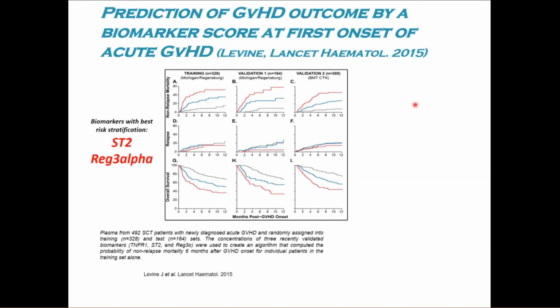The Mount Sinai Acute GVHD Consortium, MAGIC, identified elevated ST2 and REG3 alpha as biomarkers, which may predict the poor response to treatment and a high non-relapse mortality.